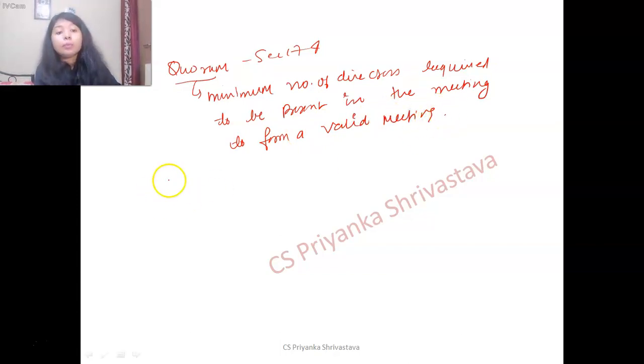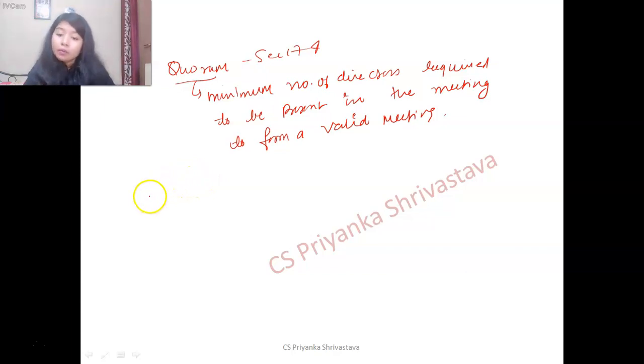So basically, we need such a minimum number of directors, as mentioned in section 174, required to be present physically in the meeting so that we can conduct a valid meeting.